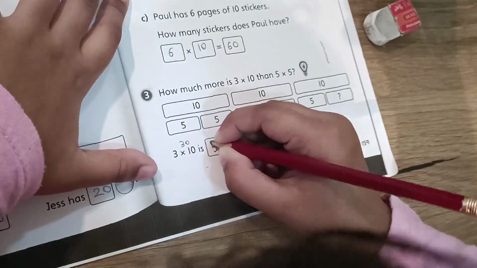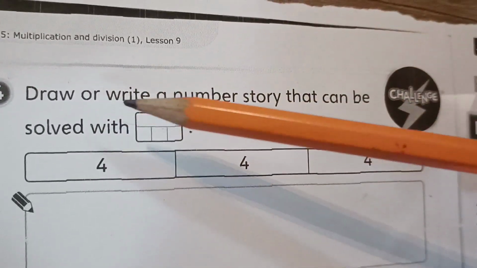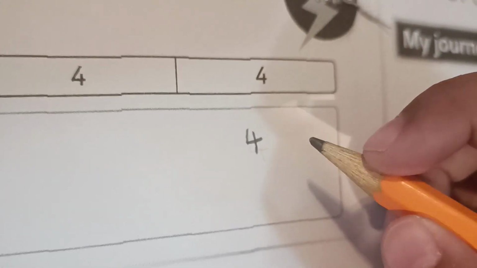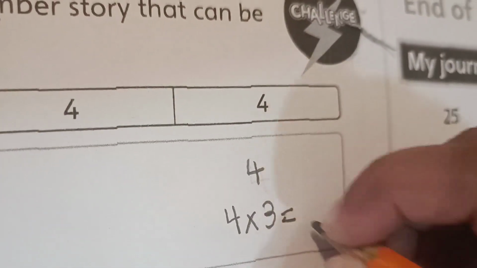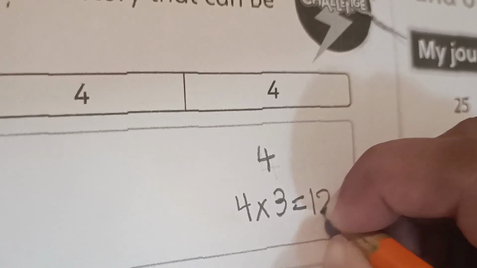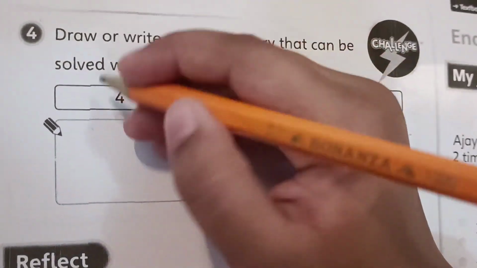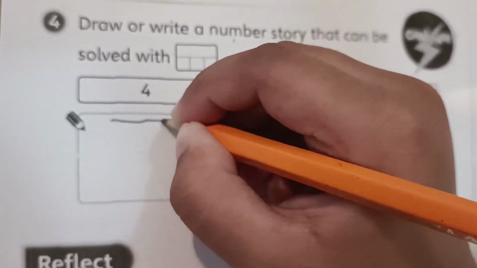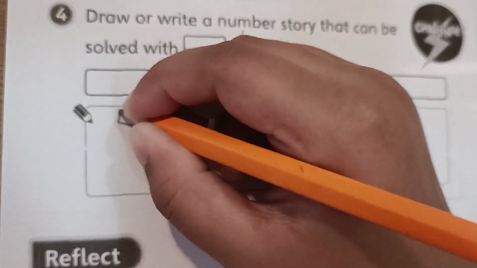They're taking a 5. Can be solved with bar model. I have 4 balls. Umar has 3 tabs. What I have? I'll write 4 times 3 equals 12. 4, 4, 4. Let's put a square like this.